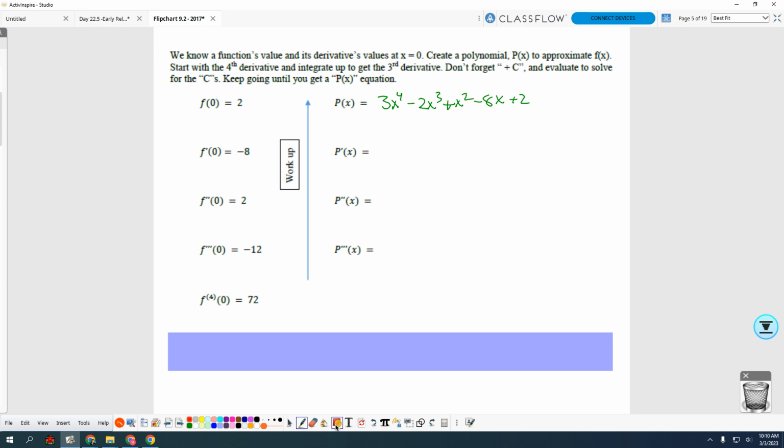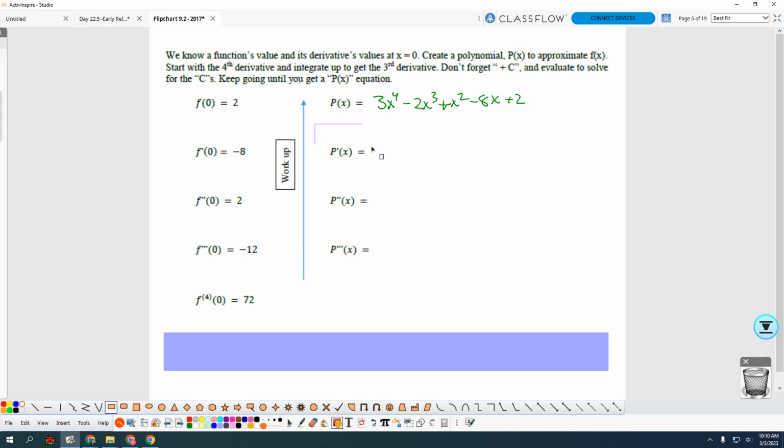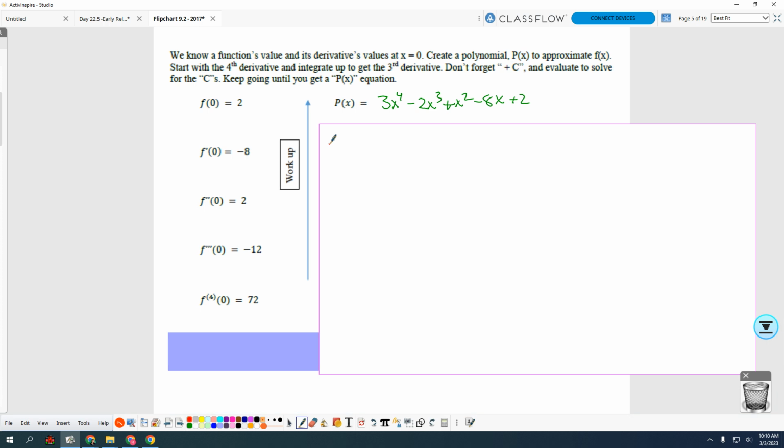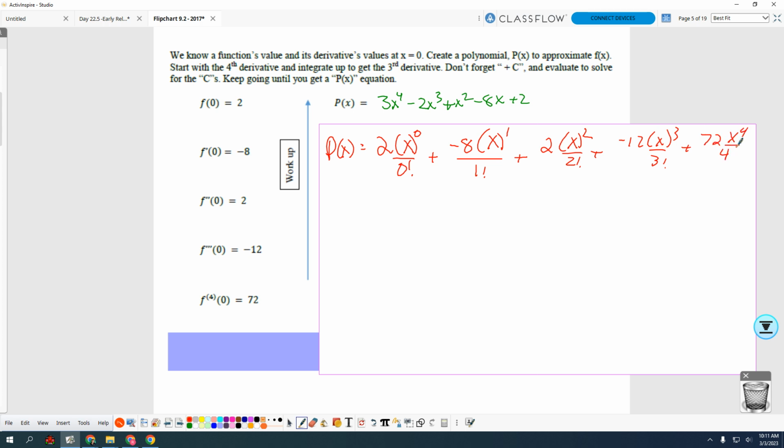I have my term x to the 0 over 0 factorial plus my first derivative x to the first over 1 factorial plus my second derivative x to the second over 2 factorial plus my third derivative x to the third over 3 factorial plus the fourth derivative x to the fourth over 4 factorial. I didn't have to do all the one at a time.